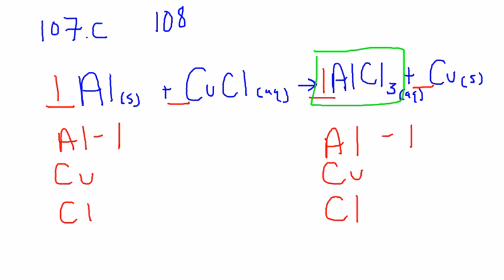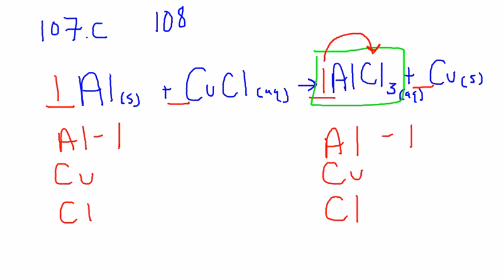Now let's look at my chlorides. Because I have one aluminum here on this aluminum chloride, this 1 distributes to the chloride 3. So this chloride 3, if I only have 1 of these aluminum chlorides, each of these molecules contains 3 chlorides.